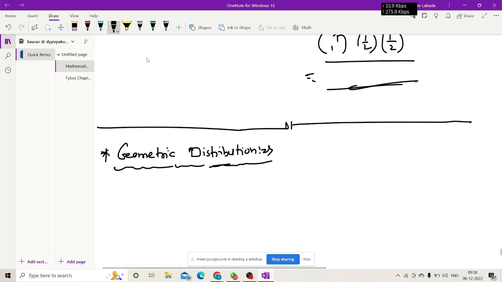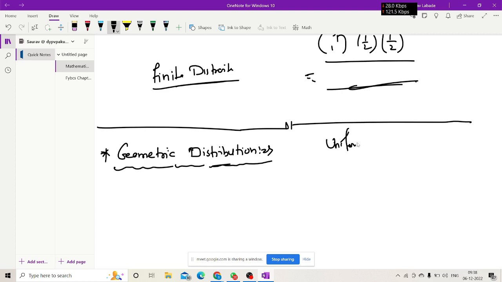Now, up till now what we have done is just studied the finite discrete distributions. Why is it called finite discrete? Because the range of these distributions is finite, right? If you talk about the uniform distribution, what is the range? X from 1 up to n, right?